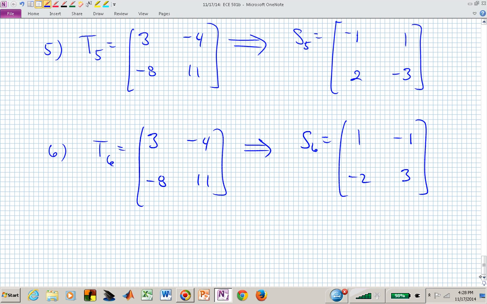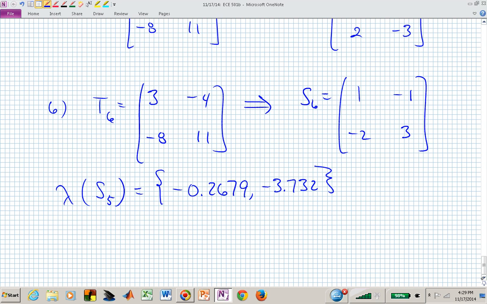And if you looked at the eigenvalues of S5, you will see that those are minus 0.2679 and minus 3.732. And the eigenvalues of S sub 6 are the positive values of those previous negative numbers.